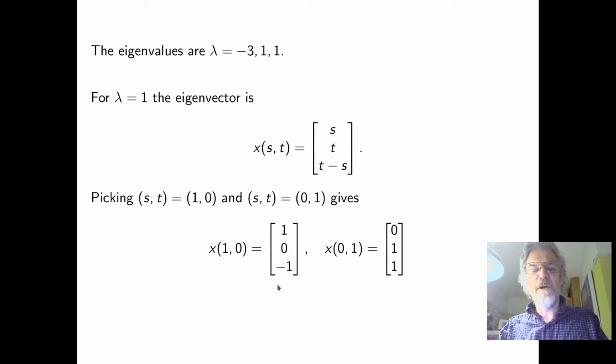So examples of two of the vectors in this set of solutions are 1, 0, minus 1 and 0, 1, minus 1. Any combination of those will still be an eigenvector for the eigenvalue 1, but the point is we've got two independent ones. Clearly these are not multiples of each other, so they're independent eigenvectors.